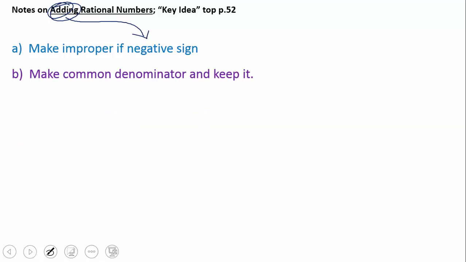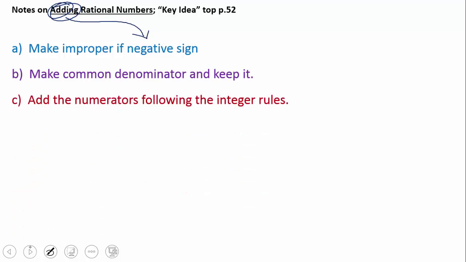Each fraction needs to have a common denominator, and then we're going to keep it. Once you make it, you keep it. Part 3, or C, we're going to add the numerators following the integer rules. Only the numerators. That's the top number. Okay? And then part 4, or D, we always simplify our fractions when we're done. So let's get to it.